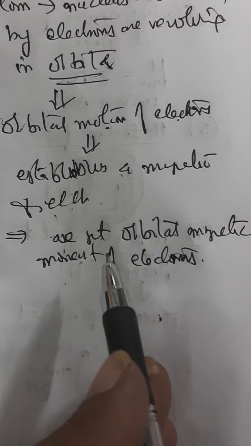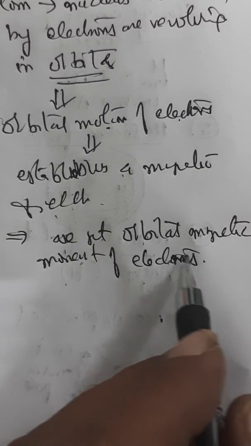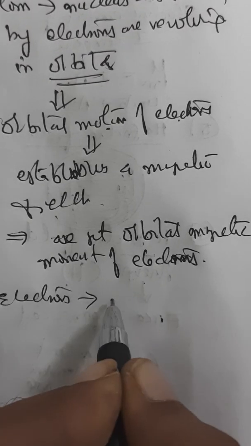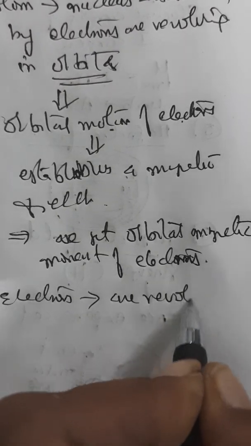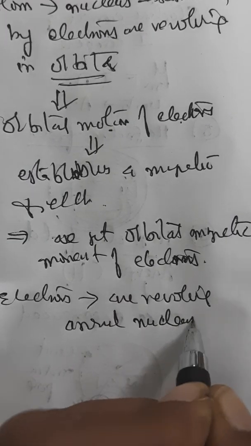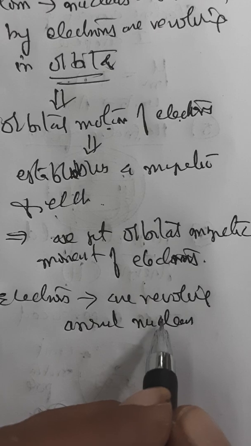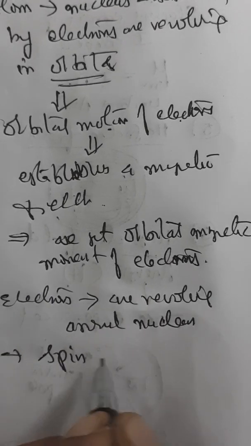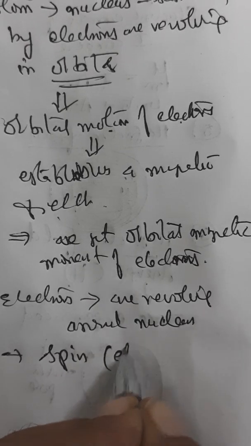Right? Now, while revolving around the nucleus, what are electrons doing? Electrons are revolving around the nucleus. This all we know. When they are revolving around the nucleus, there is something called spin, or what we call electron spin.